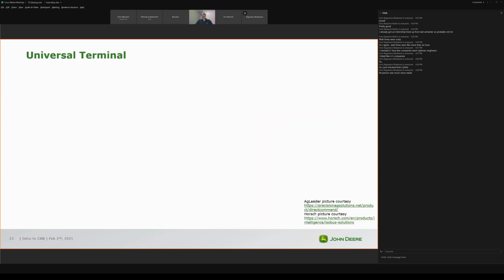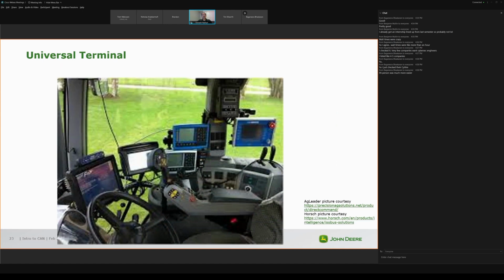Just as an example, if I didn't support all the ISO standards or applications, imagine you have a cab where every application or every equipment needs its own terminal to display its data. Imagine a clutter of displays in your driver's seat. Imagine what the distraction would be.